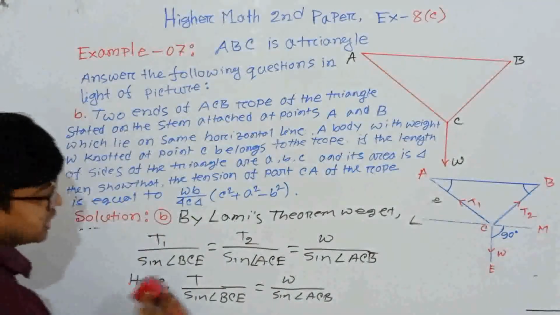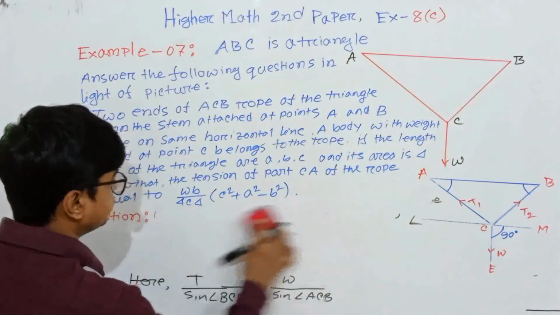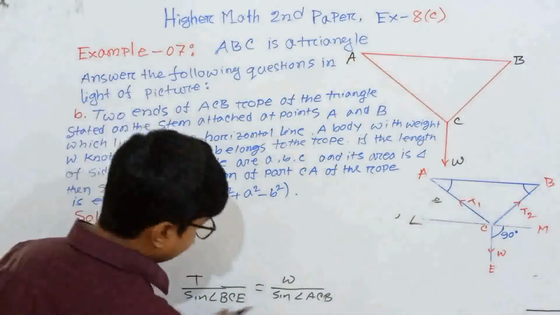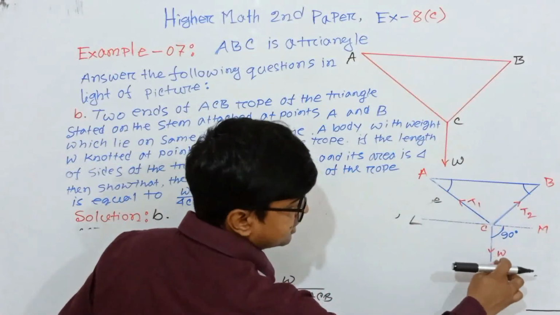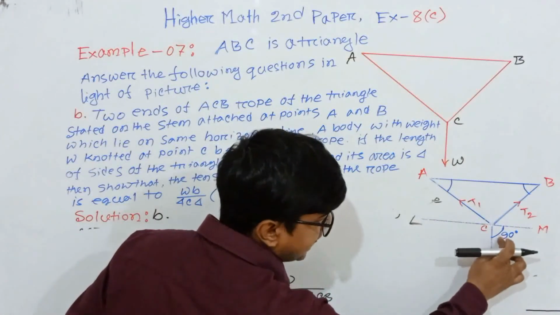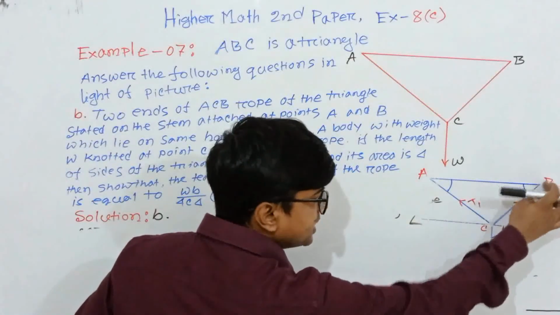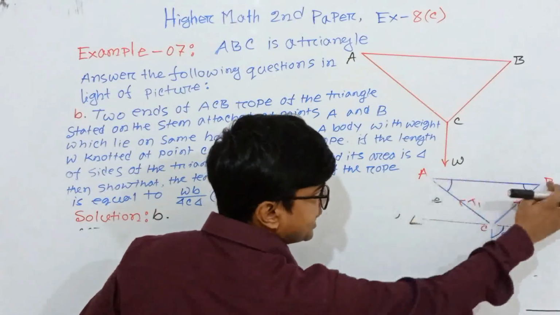After this line we can write, look at this, angle BCE will be 90 degrees plus angle BCM, and angle BCM equals angle ABC.